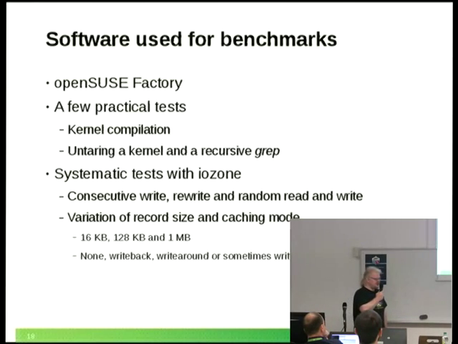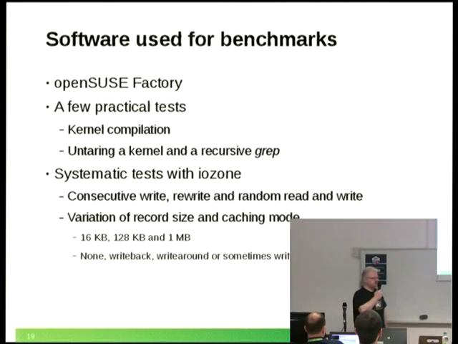IOzone does a lot of tests. Too many to really, well, no, frankly, the time didn't suffice for running them all. IOzone does take a lot of time. I used the tests for consecutive writes and rewrites on the theory that that should stress Bcache and I should see any negative performance impact. And I did do a random read and write to show more or less the best case for Bcache.